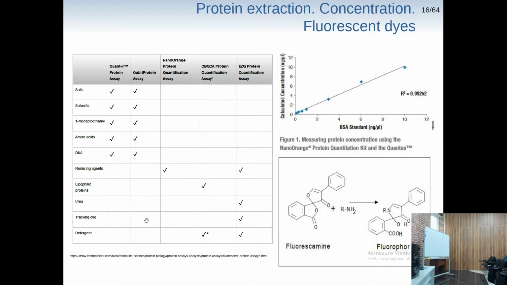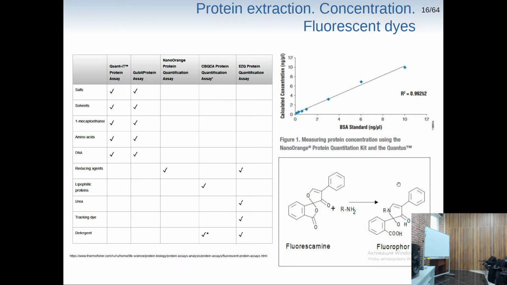Most of them have covalent bond to lysines, and if your protein is long enough, there will be some lysines there. And actually, for proteins, you know how many lysines will be, on average, in this protein. And when it is in native state, I mean this fluorochrome, it will not fluoresce at all.